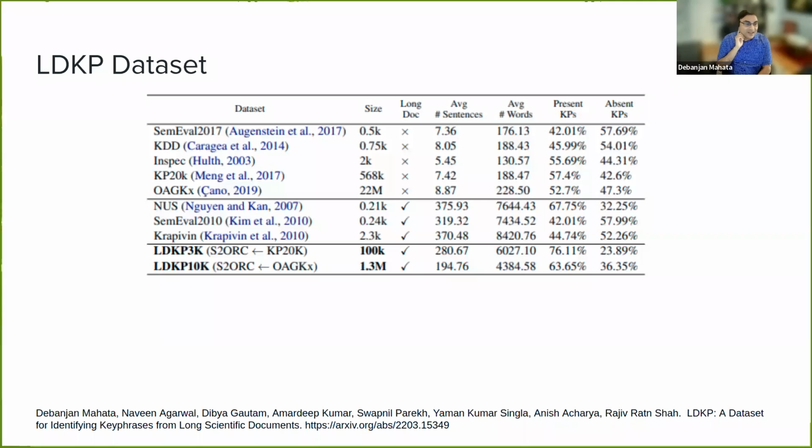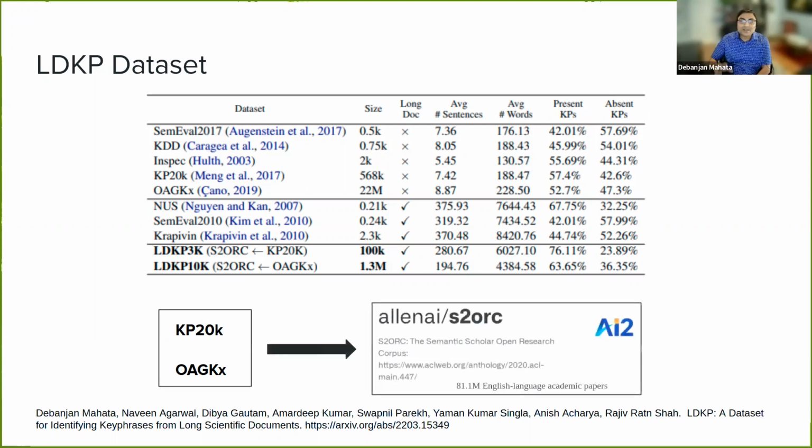Given these data needs, we actually created a new corpus, again in the scientific domain, but these are all long documents instead of abstracts. We took the KP20K corpus and OAGKX corpus, which have a lot of articles, and mapped them to the S2ORC corpus, which has been made publicly available by Allen AI.